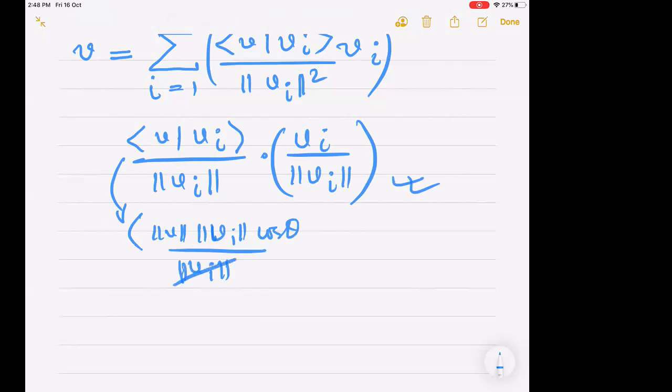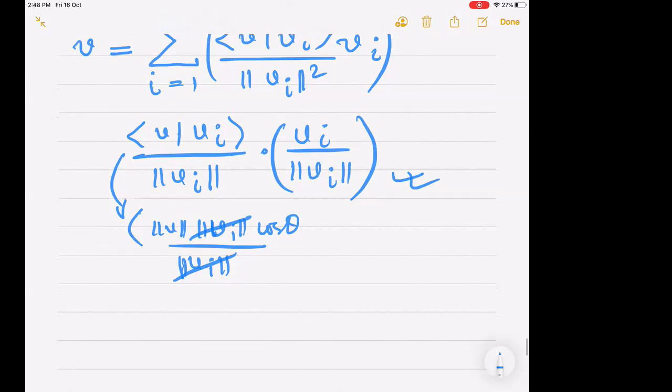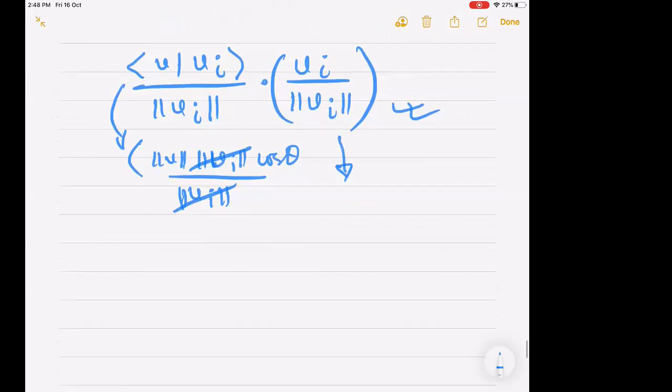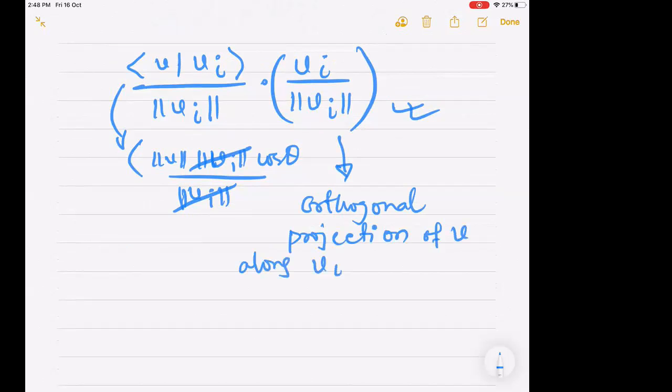So this cancels out and this is mod V cos theta. So this indeed is the magnitude of the projection of V on the unit vector along Vi. That's why this expression is the orthogonal projection of V along the direction of Vi.